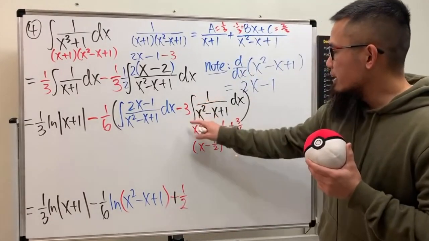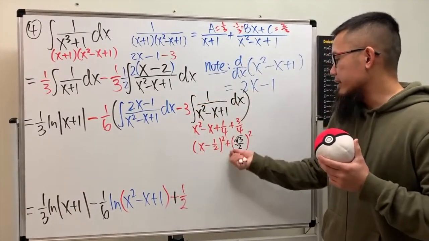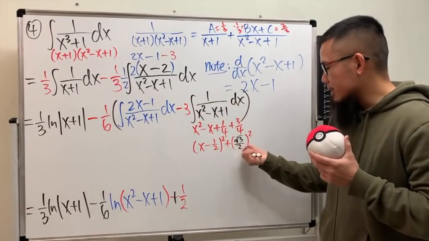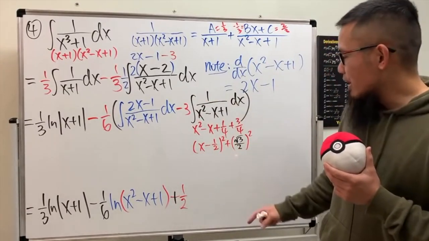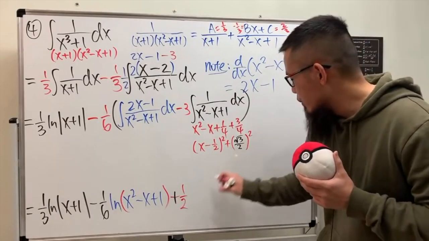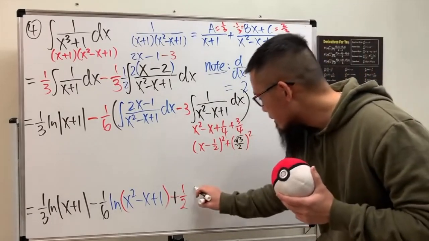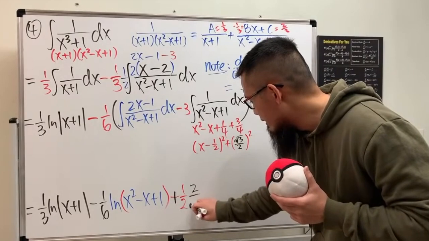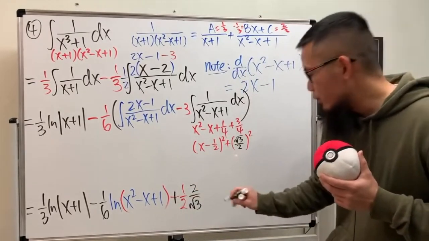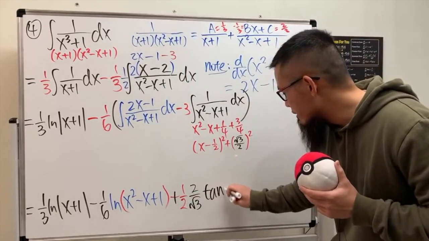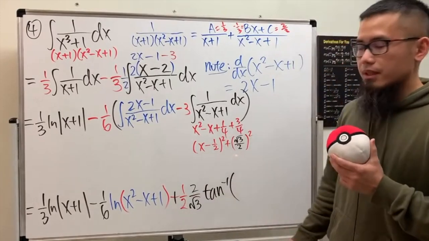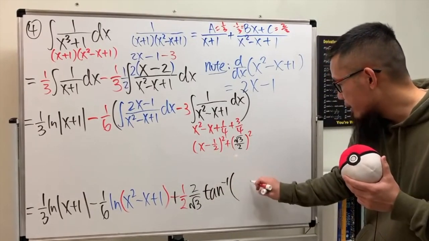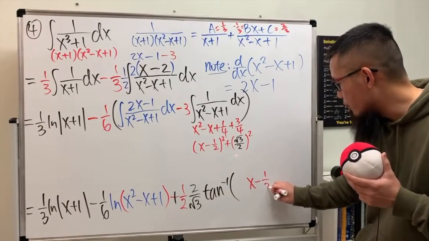And then we have to do the integral of 1 over this guy times that guy plus that guy squared, right? So the formula is 1 over this guy, which is the reciprocal of this, namely 2 over square root of 3. And then we multiply by the inverse tangent of u, which is x minus 1/2.